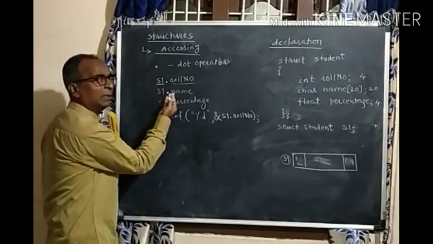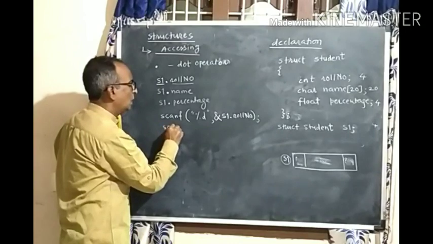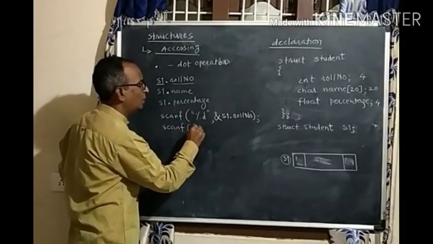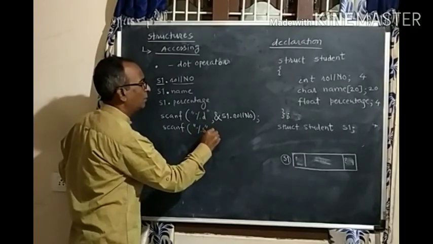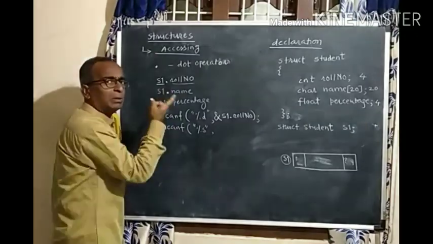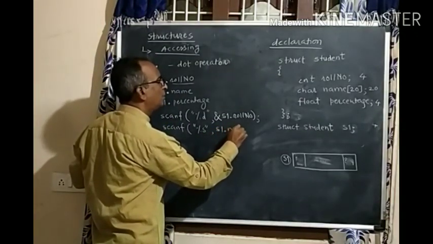If you want to read name, for strings you know there is no need of giving ampersand. Suppose I want to give %s. Then here ampersand is not required for reading strings. So S1 dot name.